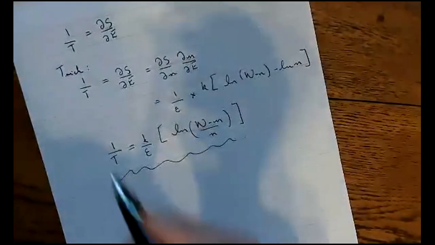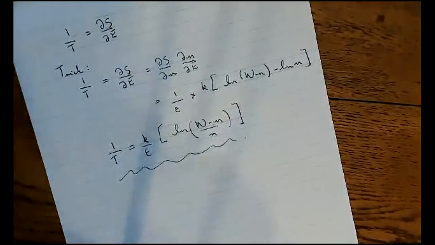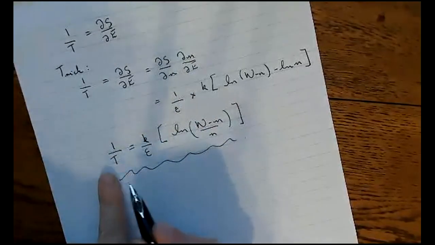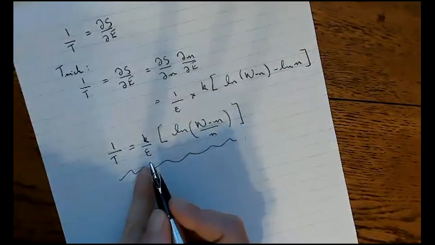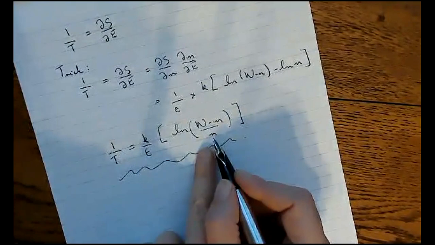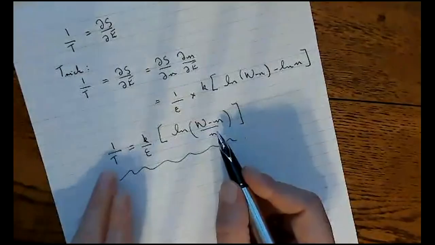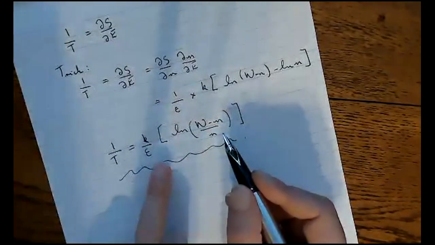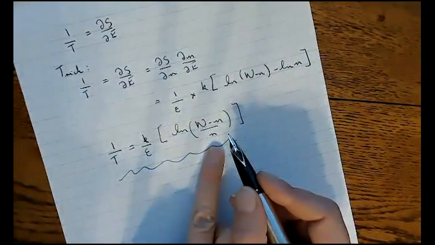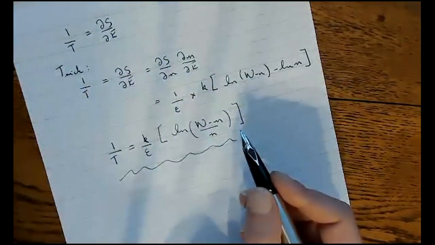Let's just make sure that that looks like Boltzmann's constant there. So we've got temperature here, we've got the energy associated with each of our defects, and then we've got the number of defects and the number of atoms in the lattice. So what we have is a relationship between temperature, energy, and the number of defects. So we can now say at a particular temperature how many defects there are.